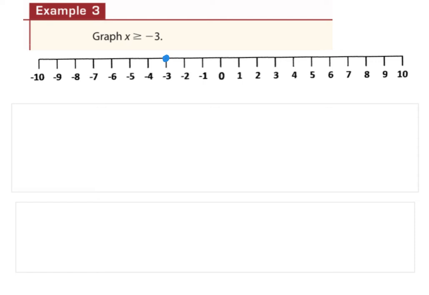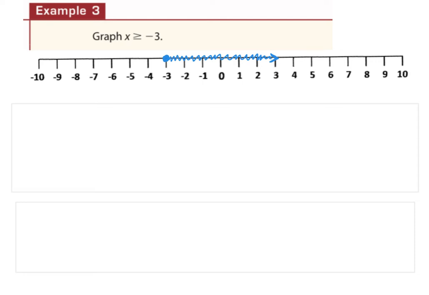Well, if X is larger than -3, I am going to graph everything that is bigger than -3. And you can indicate that by just shading some of it, and then you draw this arrow. The arrow indicates it keeps going. It keeps going infinitely. Now, it does not just include -2 and -1 and 0. It actually includes all the numbers in between. So we are shading it to indicate it's every number, including those decimals that fall in between it.